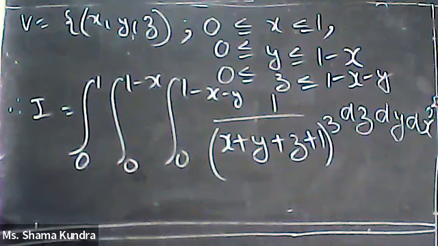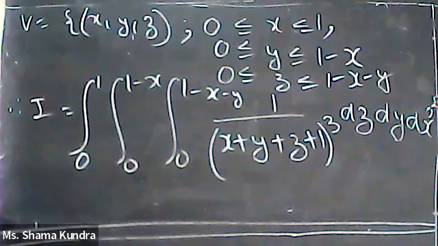Always write first the one which contains the maximum variables, then the one which contains comparatively fewer variables, and at last the single variable. Always remember this order. Don't make any mistake while writing limits.